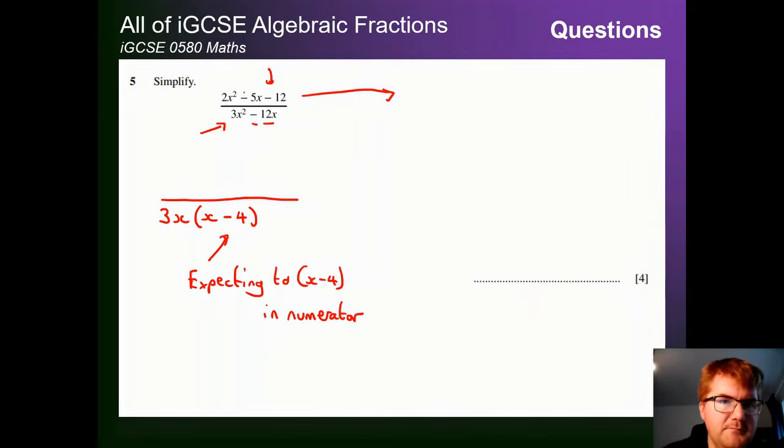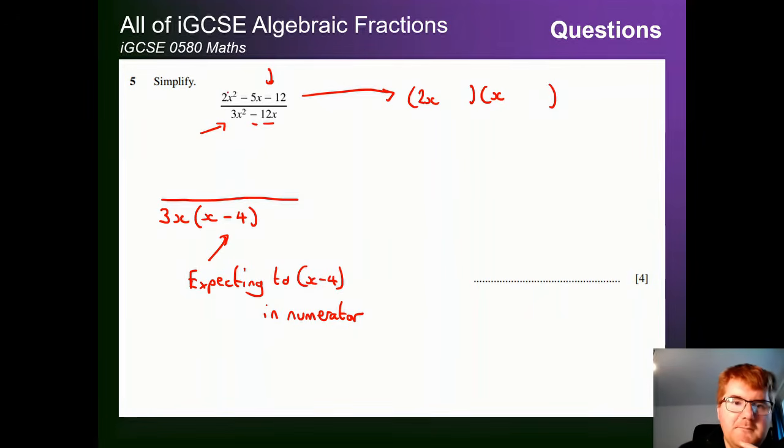So first of all, if I want to put this into 2 brackets, I set up my 2 brackets. I know the 2x squared. The only way I can generate that is by putting a 2x and an x in here. It's the only way 2 things will multiply here to get 2x squared. I'm expecting x minus 4 here, so I'm going to pop that in.